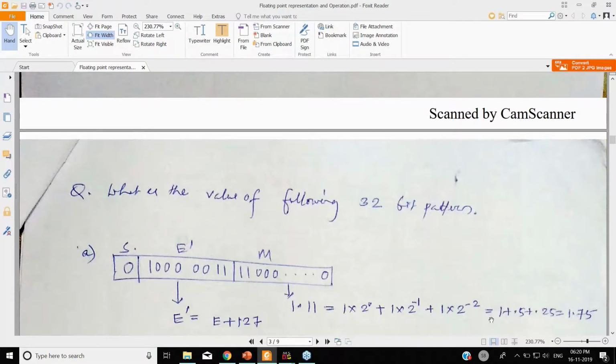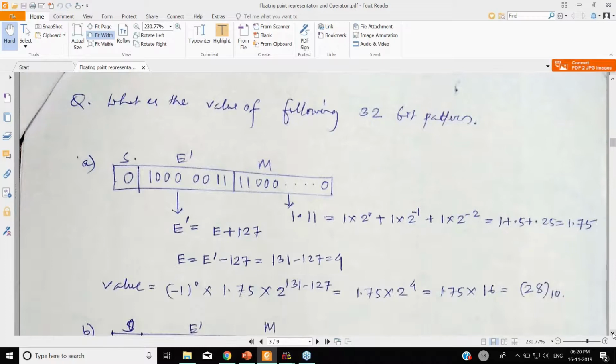The value is equal to 1.75. The total value of E dash is 131. I have subtracted the bias 127, so the actual exponent for evaluation is 4.